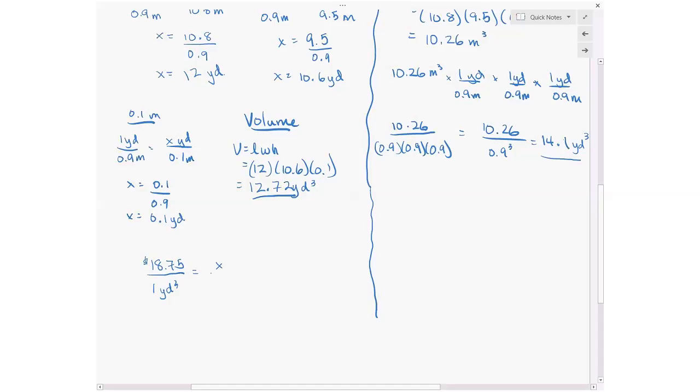How much is it for 13 cubic yards? So x is 13 times 18.75.